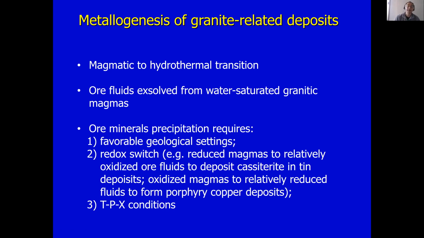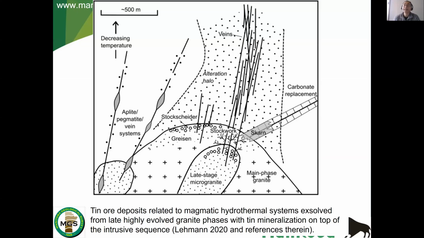So another thing we consider is the T-P-fO2 conditions of the fluids. I will just give you two examples. One is a tin deposit, where you can see the greisen veining is absolutely related to highly evolved or fractionated late granitoids. You see that not all the granites are mineralized, but the later-stage highly evolved granite is mineralized.